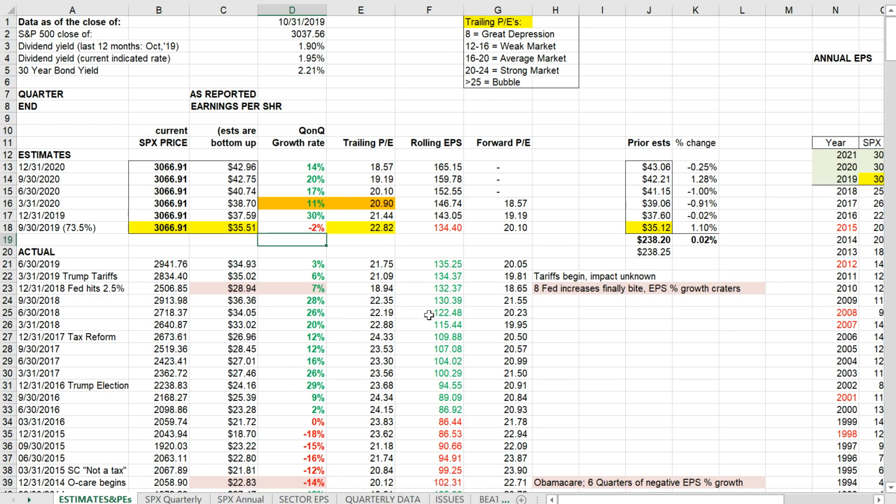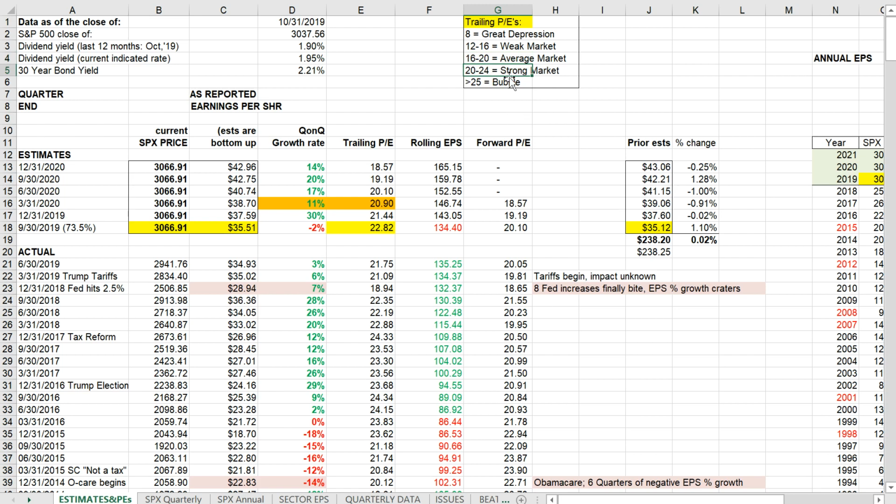Valuation, yeah, the market's a little expensive. So if the bears have an argument, it would be valuation. We're between 18 and 22, call it maybe 23, based on PEs. By my little grid here at the top of the screen, an 18 is roughly equal to an average market, and 22 or 23 is equal to a strong market.